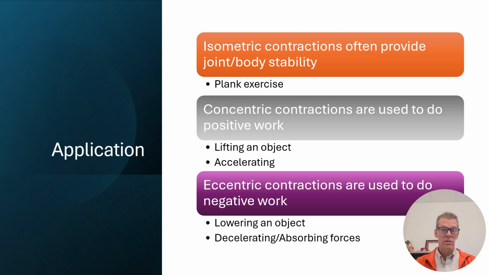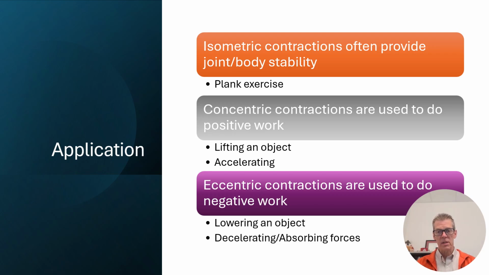Concentric contractions are used to do positive work, okay? Lifting something up, throwing something, accelerating an object, using a force to move something. That's all considered positive work, and generally those are done by concentric contractions. And then eccentric contractions are said to be doing negative work. Okay, so we're absorbing forces now. We're lowering an object.